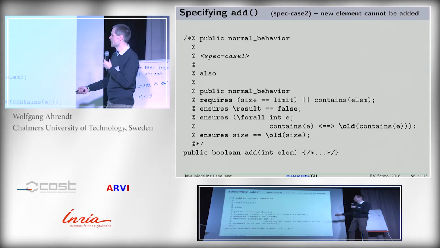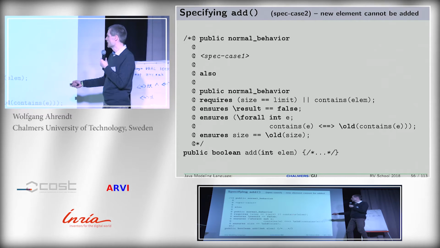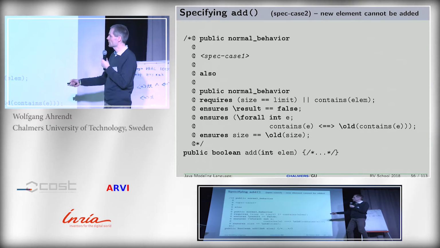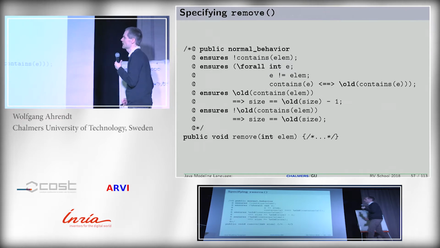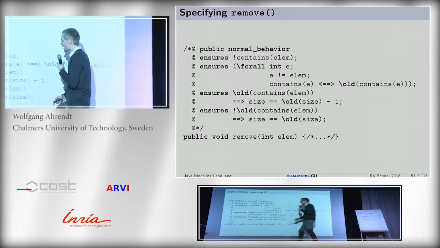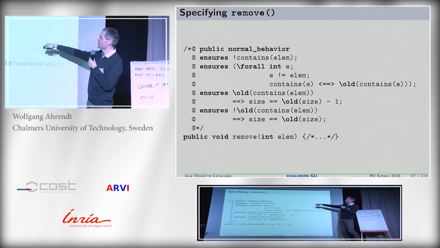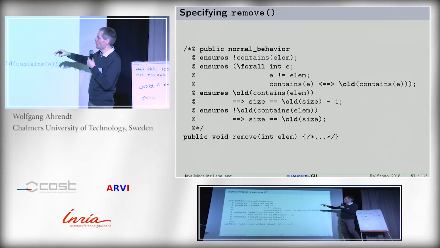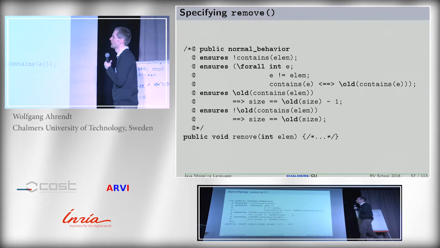Good. Then there's another specification case: if the element is already contained, or we have reached the limit, then we return false. So nothing conceptually new here. If I remove something, then the most important bit is up here. We guarantee that afterwards it's not contained anymore, right?